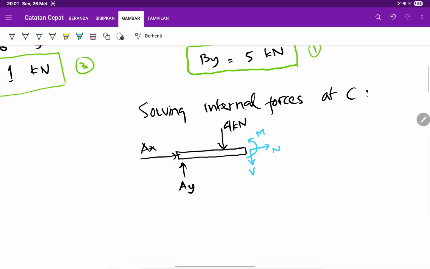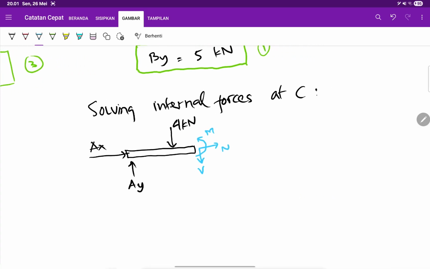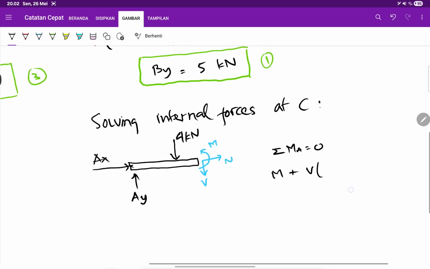And then you can use the equilibrium equations. For example, sigma moment at A equals 0. If you evaluate it here, your moment M will be counterclockwise, M, and then plus V times the distance.